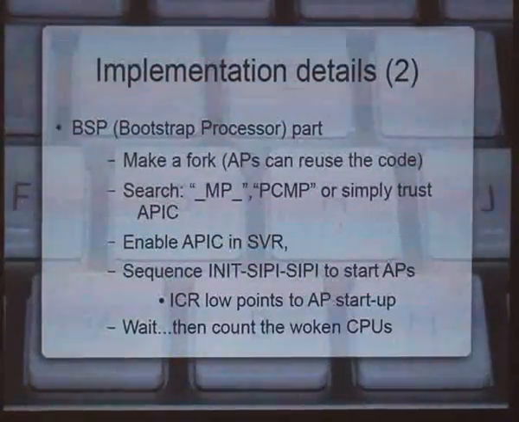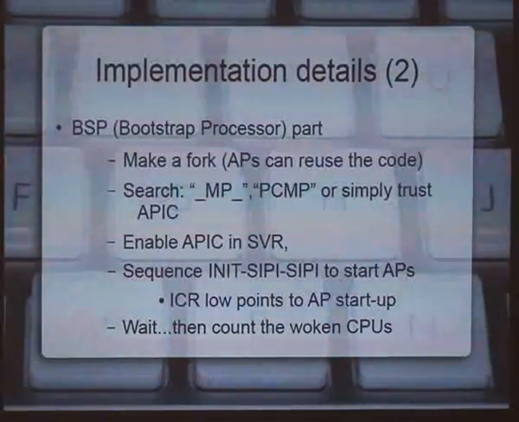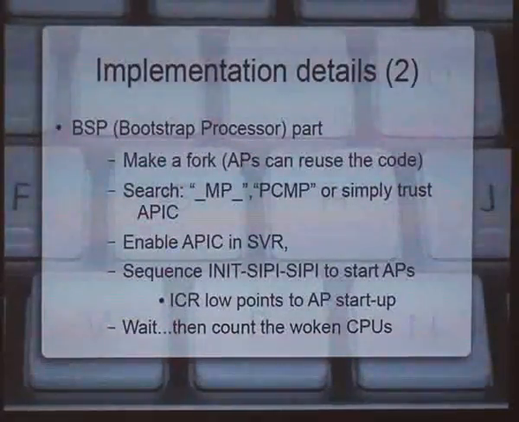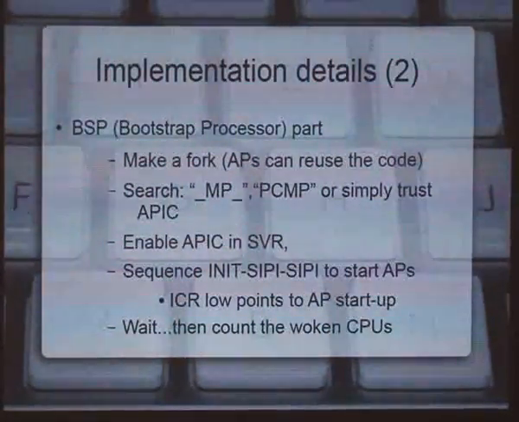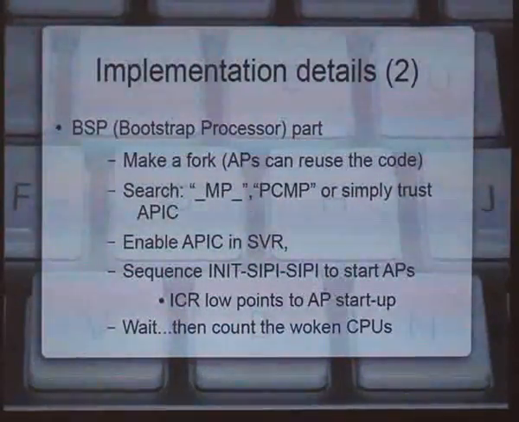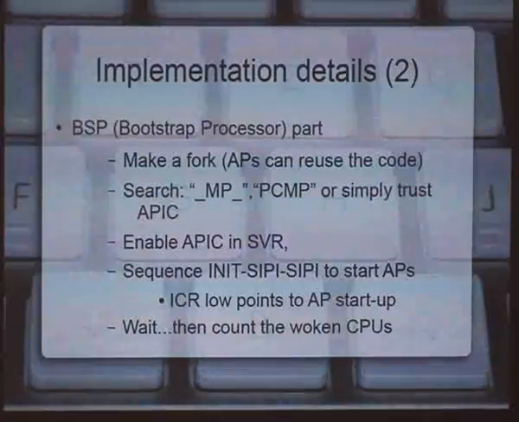Because BSP's task is to wait for APs, we can't let it run one more time. So they take a different route and have mostly similar setup code. The APIC enabling and setup part is the same, but they just don't wake other processors.